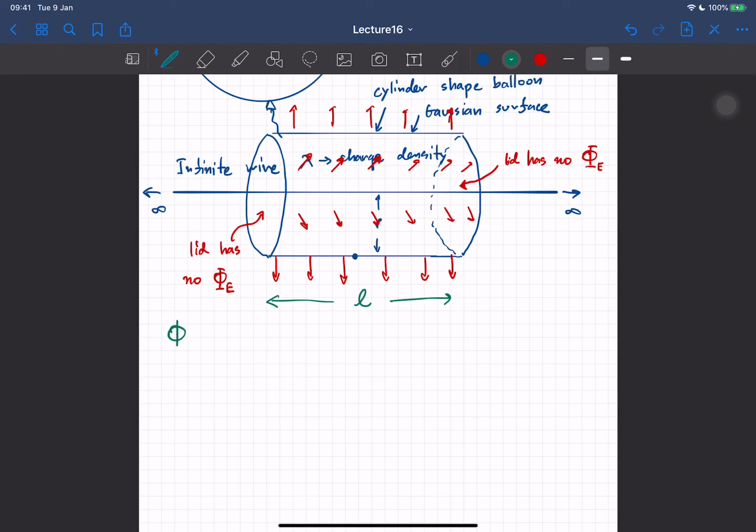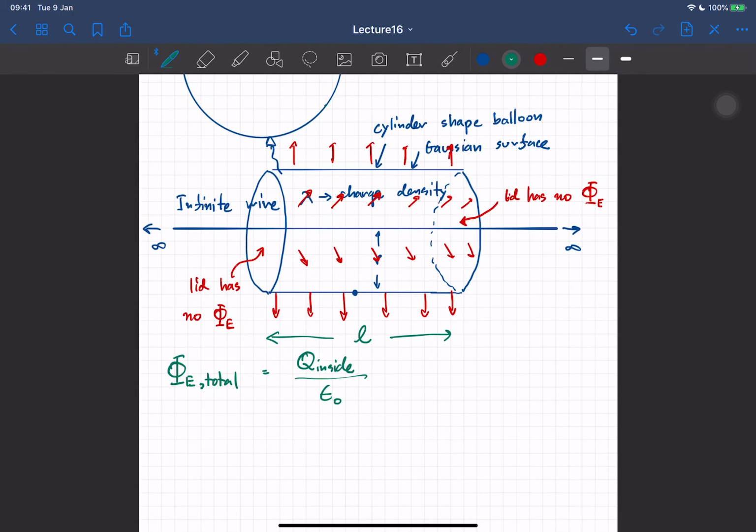Gauss' law says that the total flux is equal to the total charge inside the balloon divided by this constant, epsilon 0. If I choose the cylinder-shaped balloon to have a length L, that means the wire inside the balloon is also a wire of length L, because anything else is outside the balloon, and we don't count that.